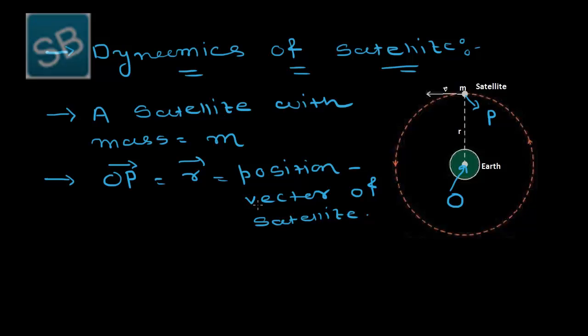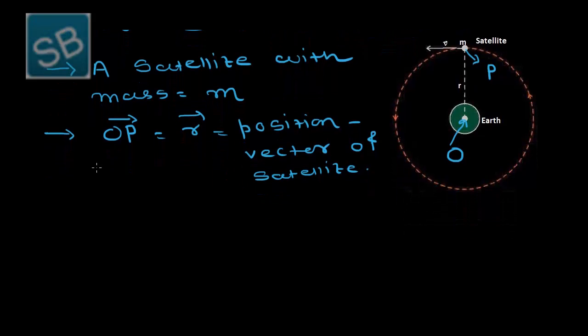Now, its speed in this circular orbit, means the orbit in which it performs the rotational motion, is suppose V0.